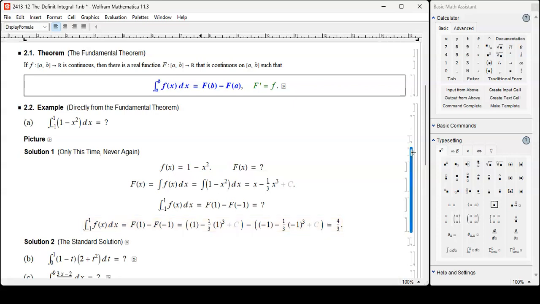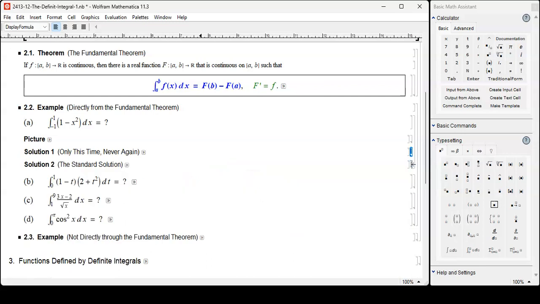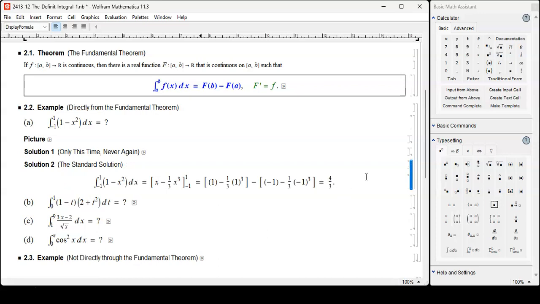But then again, this is a bit inefficient and there's too much writing here. So this is a standard way that I want you to follow. Calculate the antiderivative. You see, 1 minus x squared, this original function which I just highlighted in purple, became this antiderivative function which I just highlighted in green. 1 became x, x squared became 1/3 x cubed.